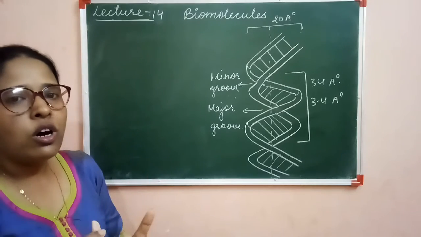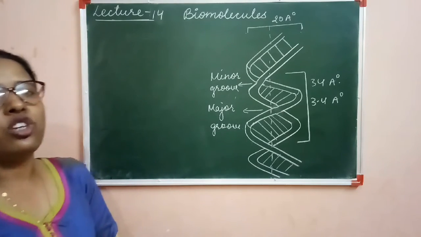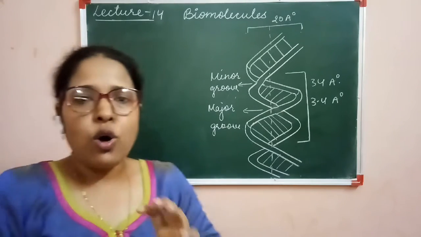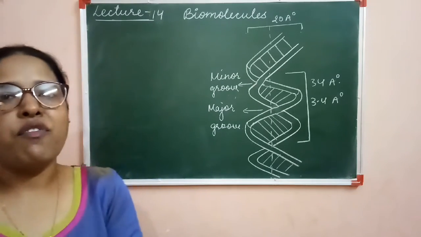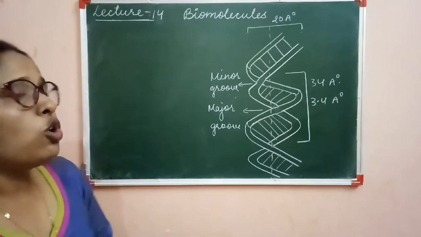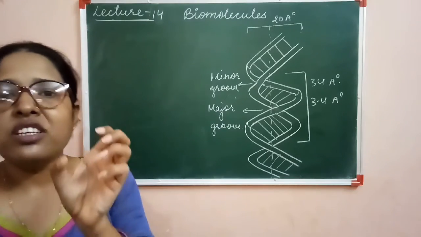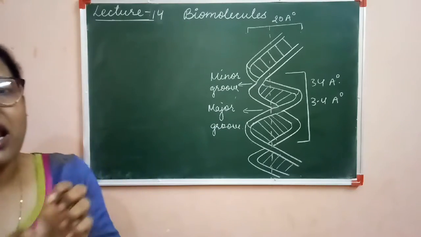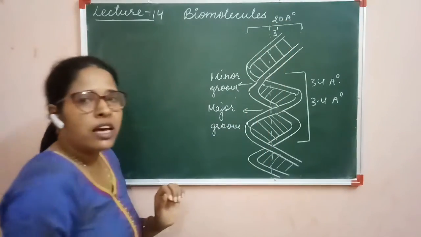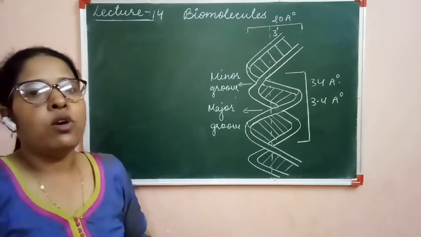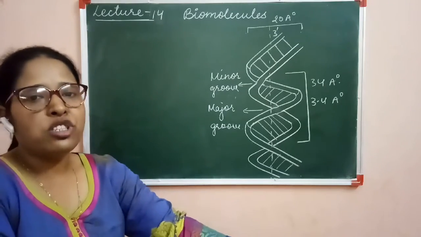Now we will draw the skeletal structure of this DNA, showing how the phosphoric acid and the nitrogenous bases are found attached with the pentose sugar. Both of the strands are anti-parallel to each other. It means here if the 3' end is there, the third carbon of the sugar is free.